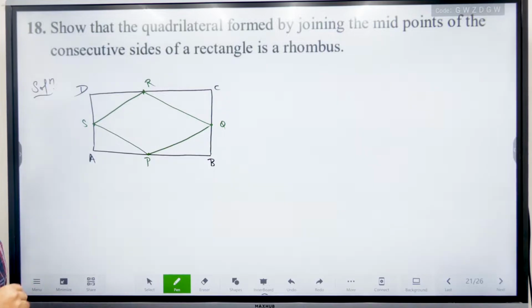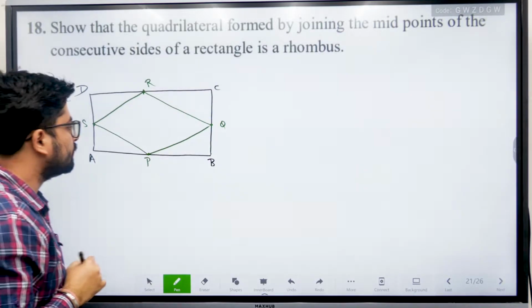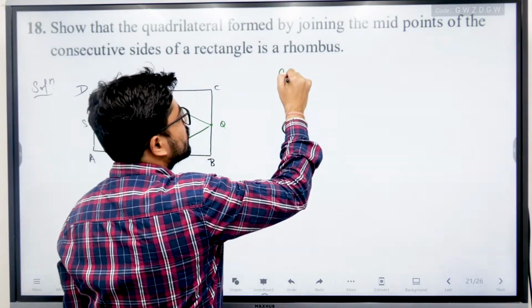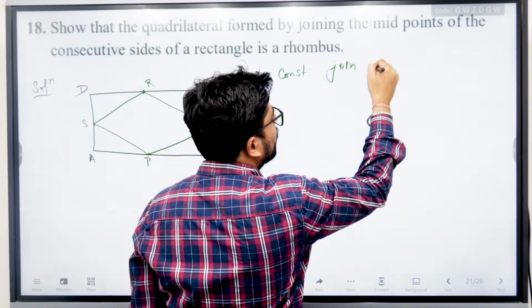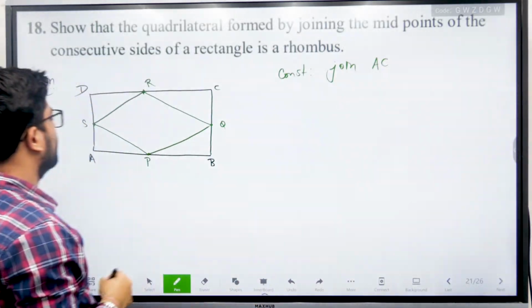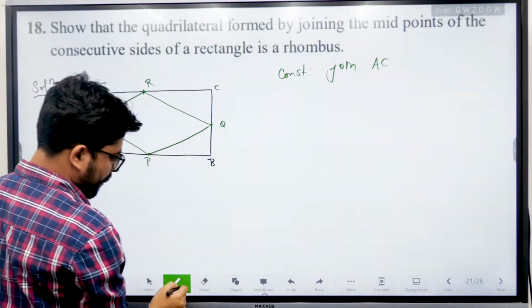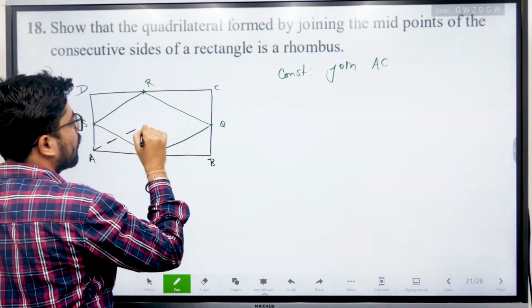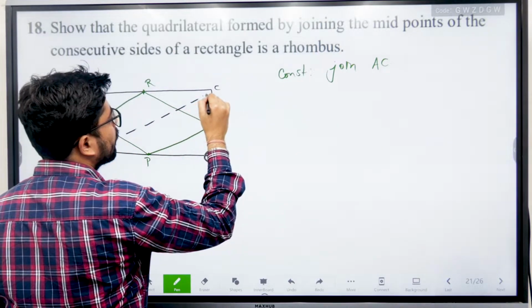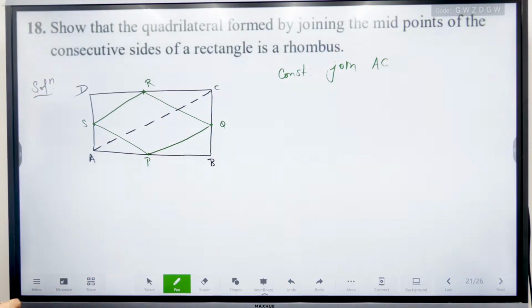You have to prove this. Now the construction: let's join AC.